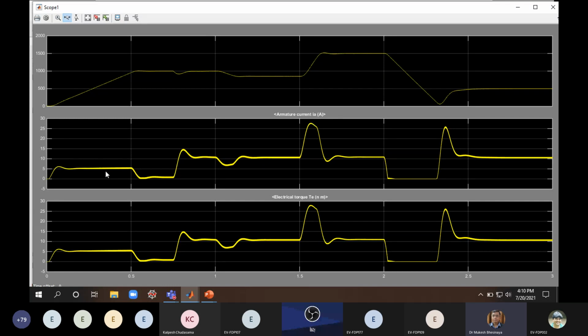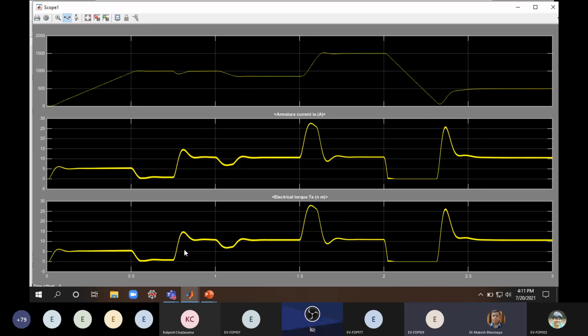So here you see up to this point my speed is increased from 0 to 1000 RPM, and from this point to this point the speed is constant. At this instant the load torque is 0, and at t equal to 0.75 I am giving a step change in the load torque.